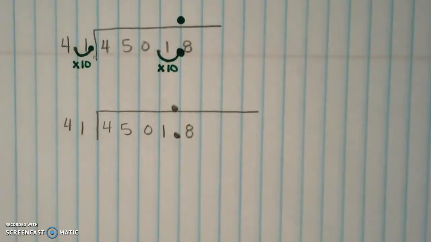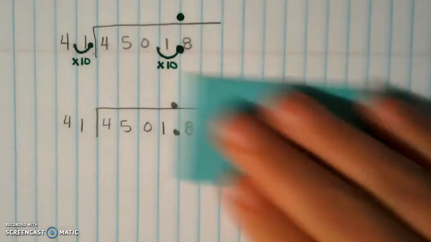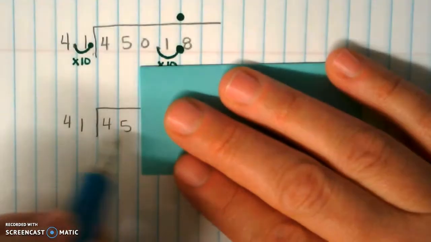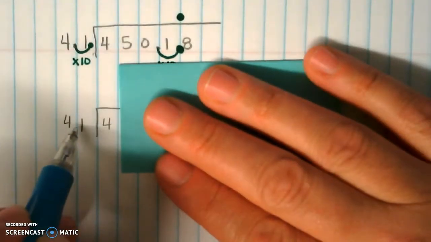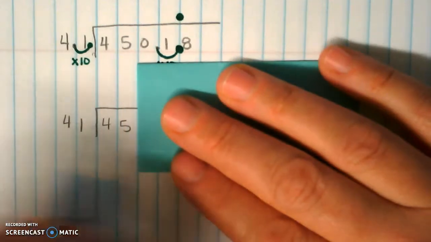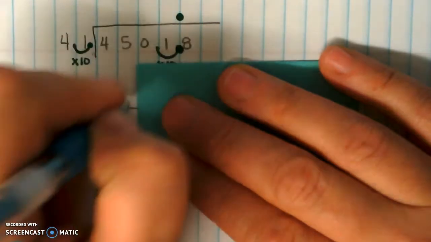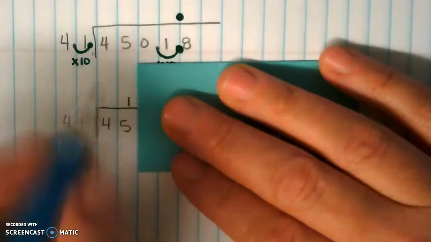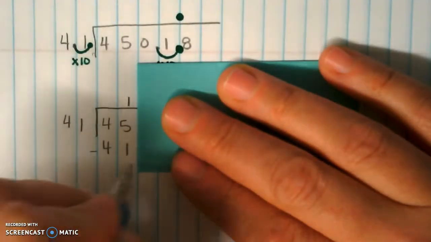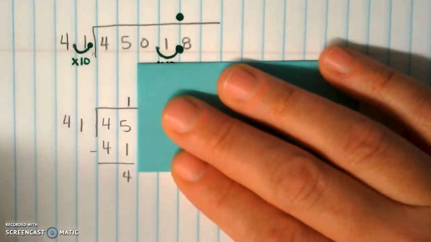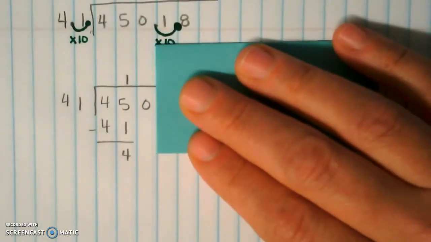Okay, so now just like every division problem, let's just go digit by digit. If I have 4, I can't take away 41. So when I move that over to reveal my next digit, if I have 45, I could take away 41 one time. 1 times 41 is 41, and the difference between those two numbers is 4.